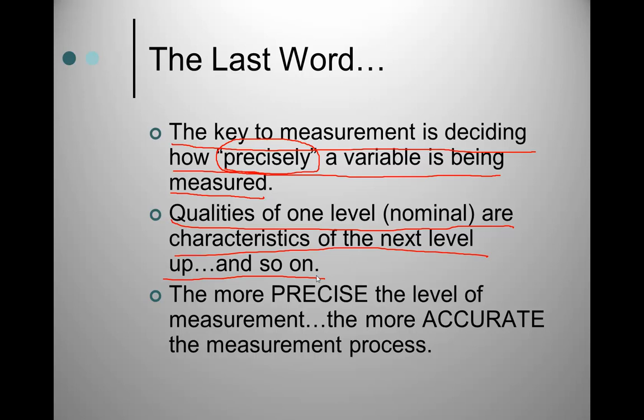Nominal is the most basic, ratio would be the most complex, and so one builds upon the other. The more precise the level of measurement, the more accurate the measurement process. The more precisely we can measure student achievement, the more accurate the assumptions and decisions that you and I can make.